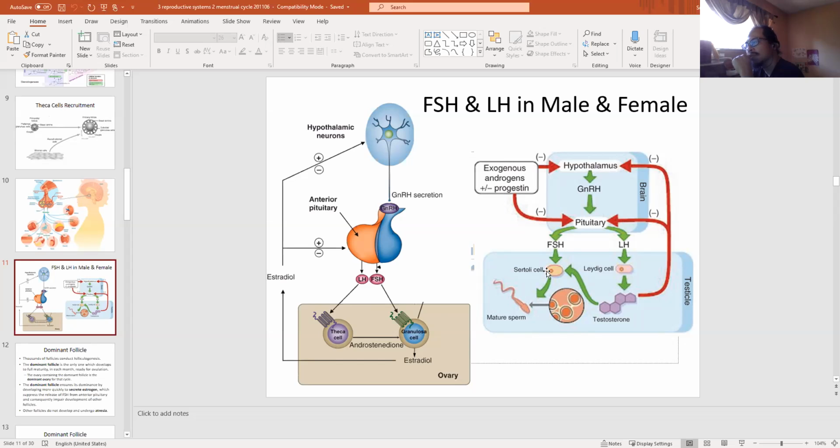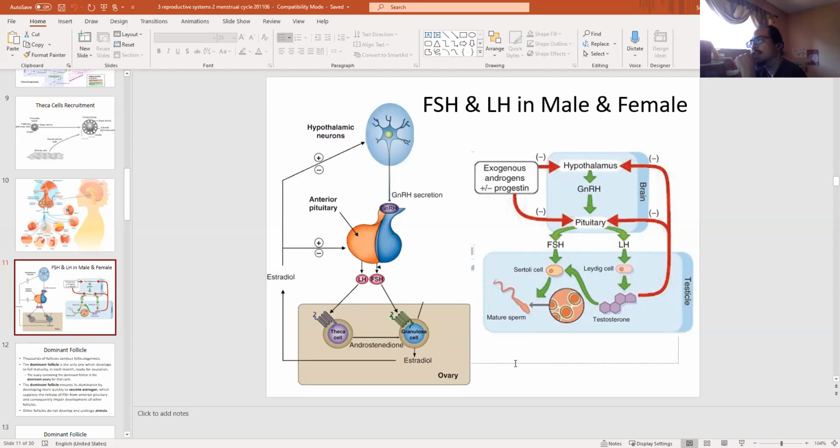This one though, Sertoli, doesn't produce the sex hormone. Their major function is to facilitate the development of the sperm cells. The granulosa cells surrounding the oocytes, their function of course includes the oocyte development, but they also convert the androstenedione to produce the estradiol.